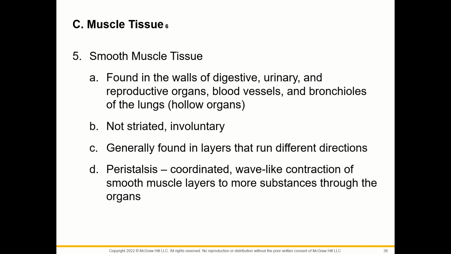Smooth muscle tissue is generally found in layers that run in different directions. There will be longitudinal muscles, circular muscles, and even diagonal muscles. Peristalsis is the coordinated wave-like contraction of smooth muscle layers to move substances through the organs.